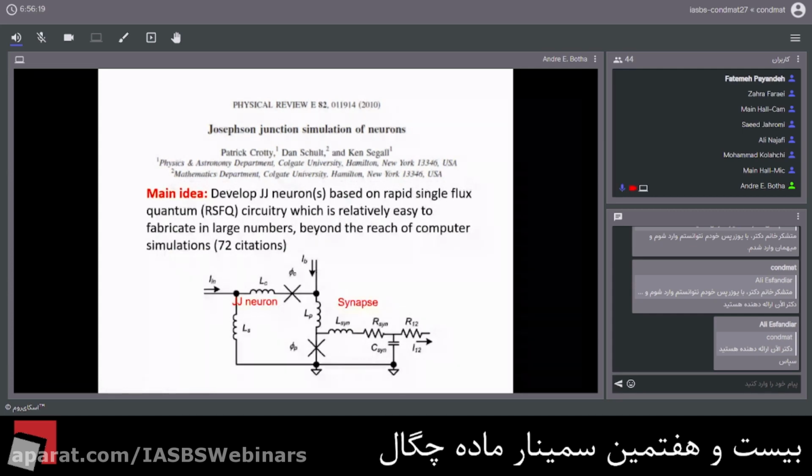In their paper, I think they performed simulations of only 1 or 2 neurons at a time. So they didn't really explore large numbers of neurons, even though the proposal of the paper is based on the idea of generalizing the system to really large numbers, like hundreds of thousands.